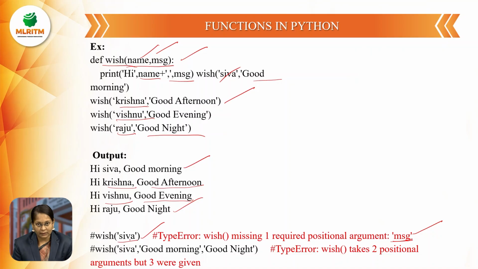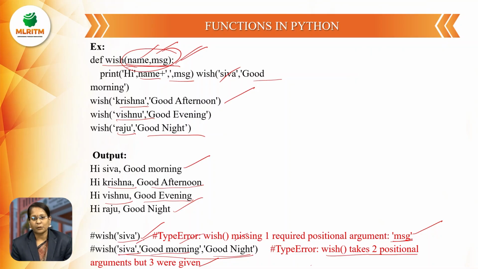So we are calling with fewer arguments. Suppose we call the function with more arguments, like wish Shiva, good morning, good night. Here we have 3 arguments, but the function definition only has 2 arguments. That's why the error message is: wish takes 2 positional arguments but 3 were given.